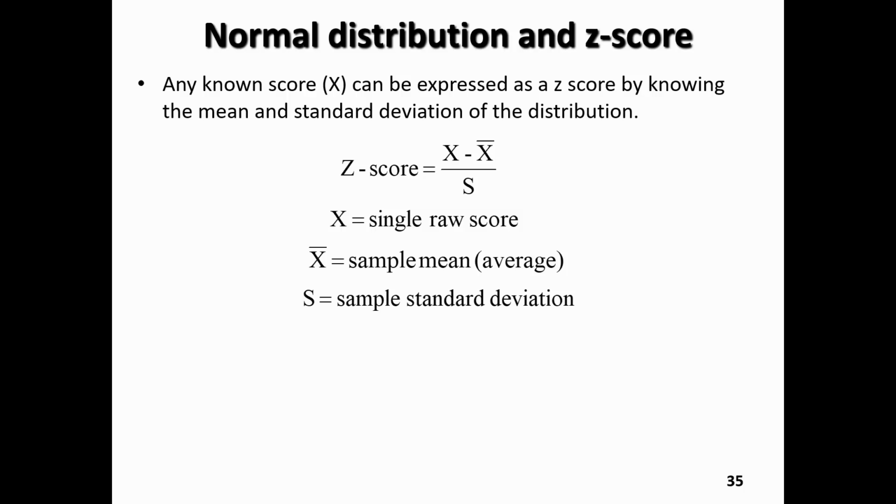Each score can be converted to what's called a z-score, provided that we know the mean and the standard deviation of that group. And the z-score is calculated using this equation here, where we take an individual score, this is just one person out of 30, we subtract the average, and we divide it by the standard deviation.